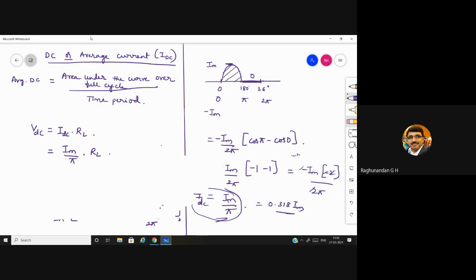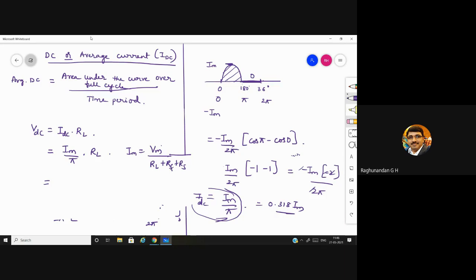Now we have to convert Im in terms of Vm. To do that, again we use Ohm's law only. So Im is equal to Vm by RL plus RF plus RS. What are RL, RF, RS? RL is the load resistance. RF is the forward resistance of the diode.